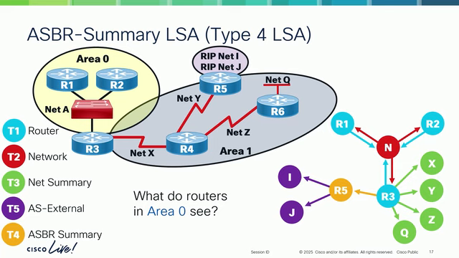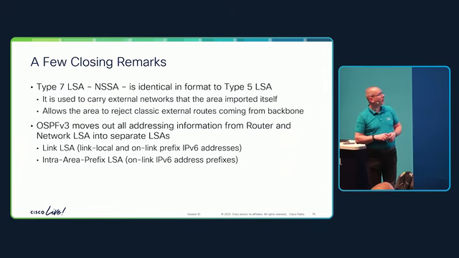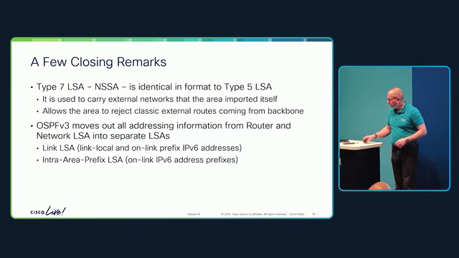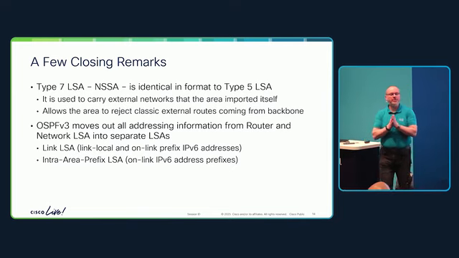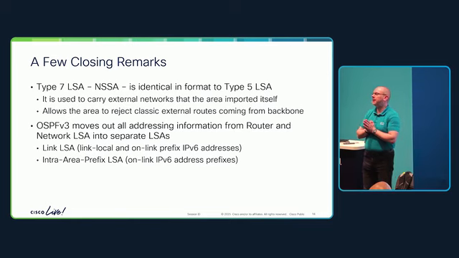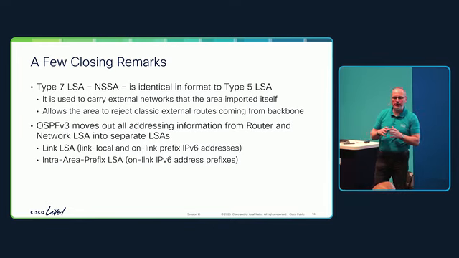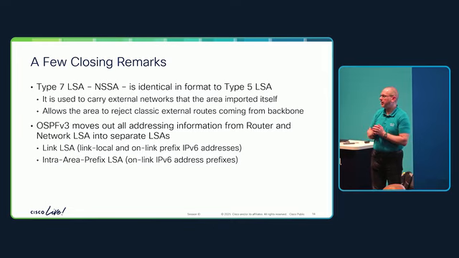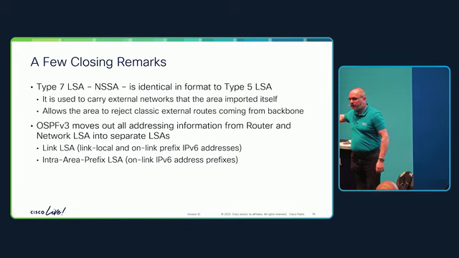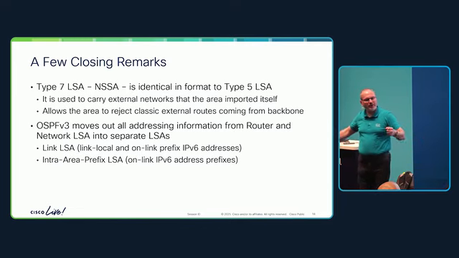Now for those who are familiar with area types and maybe OSPF v3, a few closing remarks. First, those of you who know about type 7 LSA, sometimes called the NSSA type of LSA, that one is in format identical to type 5, external routes. It's used in area types that want to distinguish between external routes in the backbone and behind it, which they don't want, and their own external routes they privately bring in and want to keep.